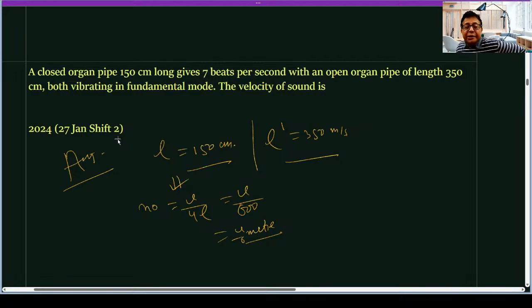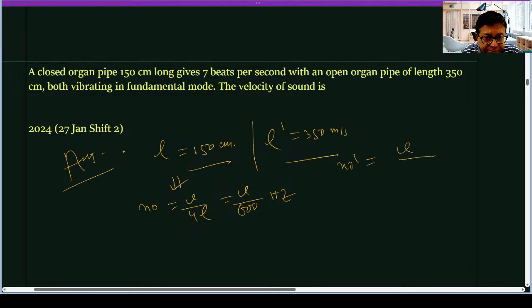So this one is V by 600 Hertz. V is how much? V has to be given? No, that we have to find. What about this thing? N0 dash is V by 2L dash.